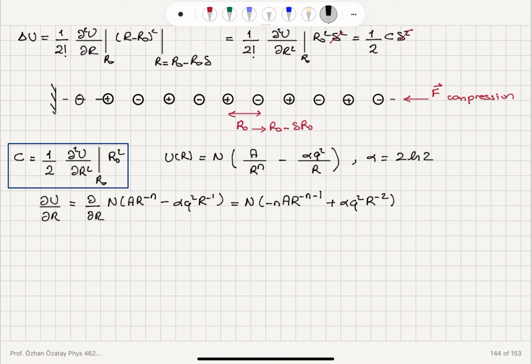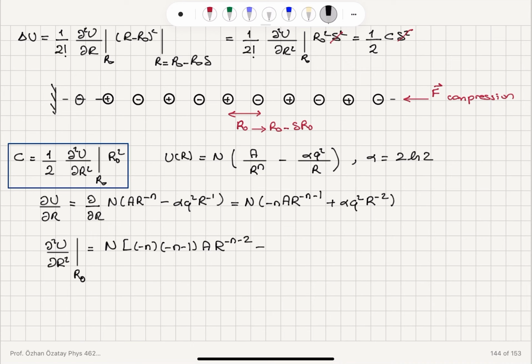Now I need the second derivative, del square u del r square, evaluated at r is equal to r0, the equilibrium separation. This will be capital N times minus n, minus 1, capital A, r to the power minus n minus 2.